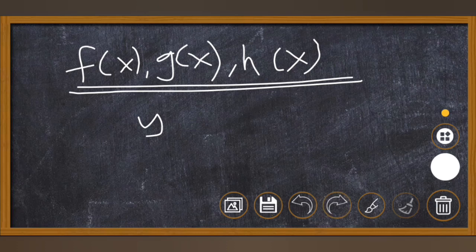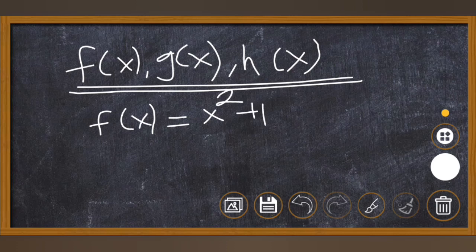For example, if you have f of x equals x squared plus 1, this is a function. Now, in this case, if they haven't used f of x, they can use g of x equals x squared plus 1.